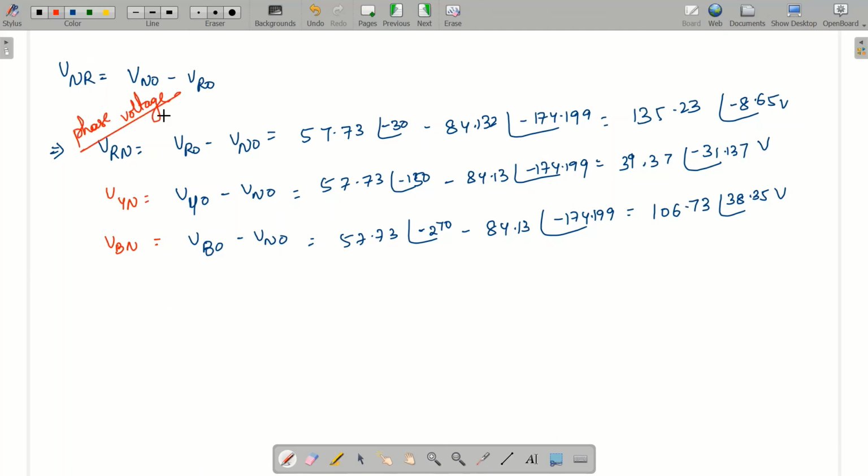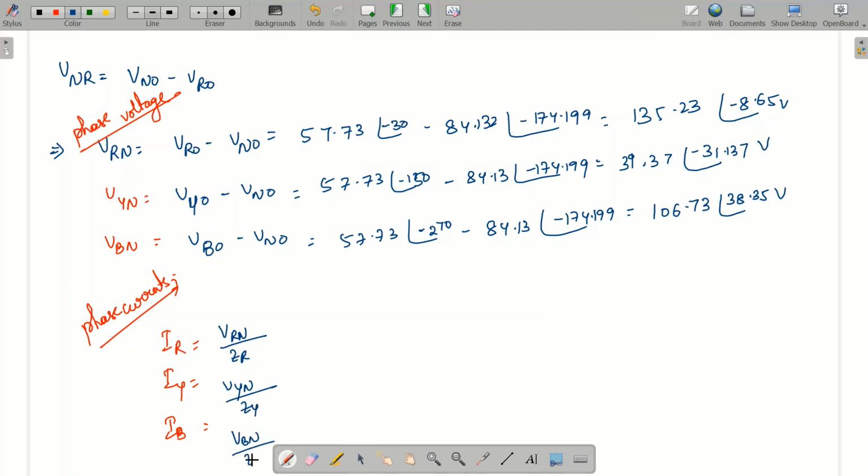Then we need to find the phase currents. What are my phase currents? IR, IY, IB, which equal VRN divided by ZR, VYN divided by ZY, VBN divided by ZB.